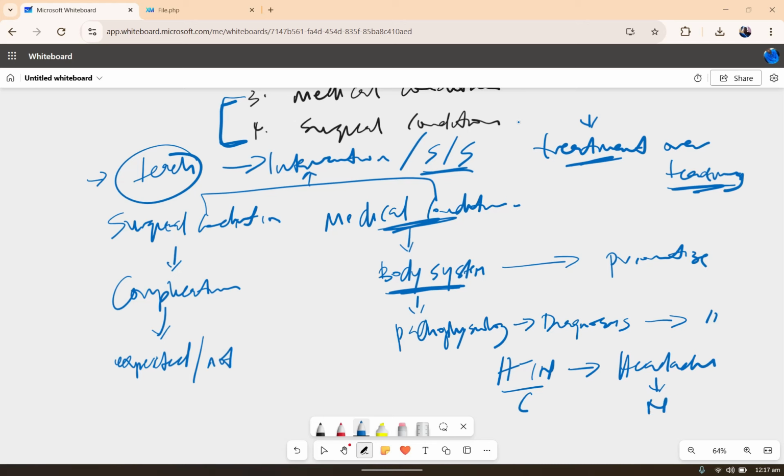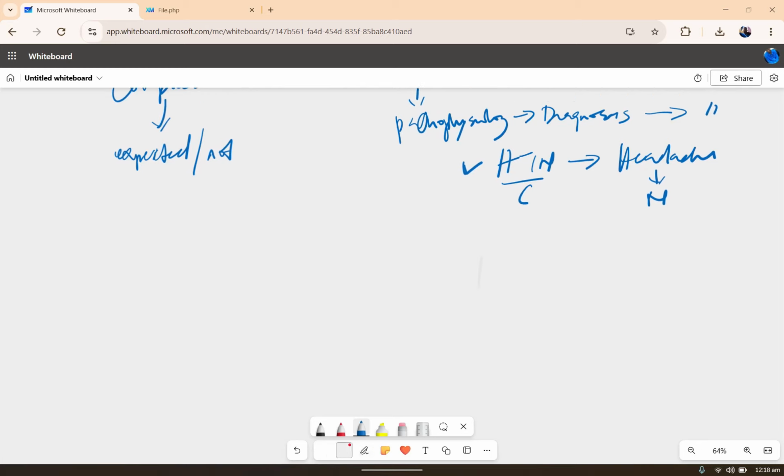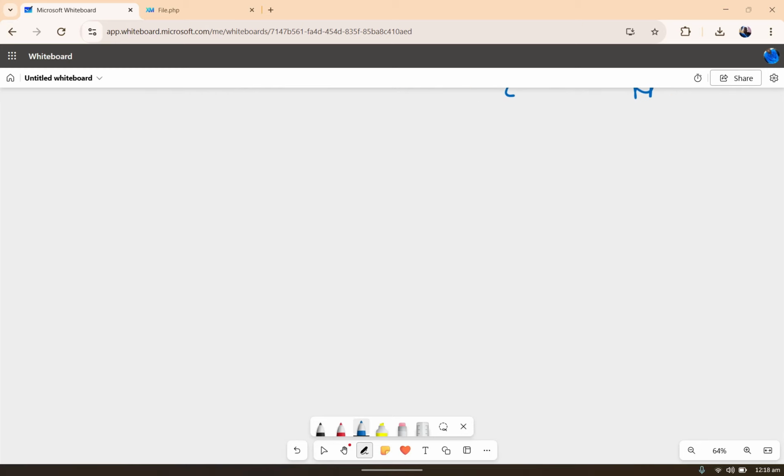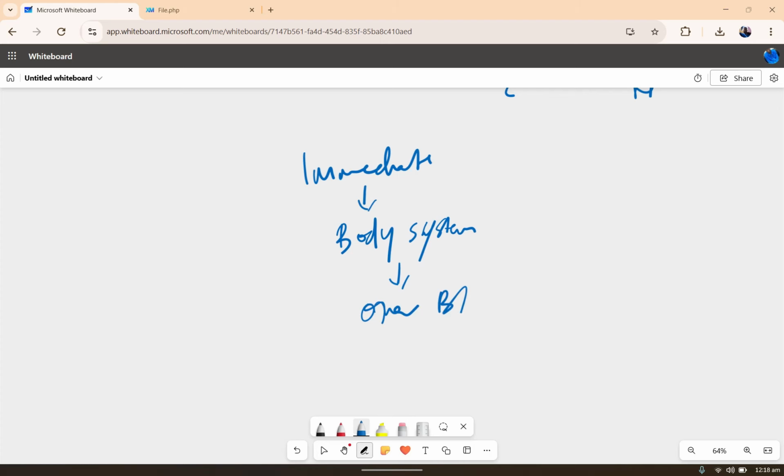So this patient might likely be the priority, because for a cardiovascular problem to cause a headache, it shows there's something going wrong. Now, the principle of care is that even if we don't give immediate care, we want to make sure that the body system that is affected doesn't affect other body systems.